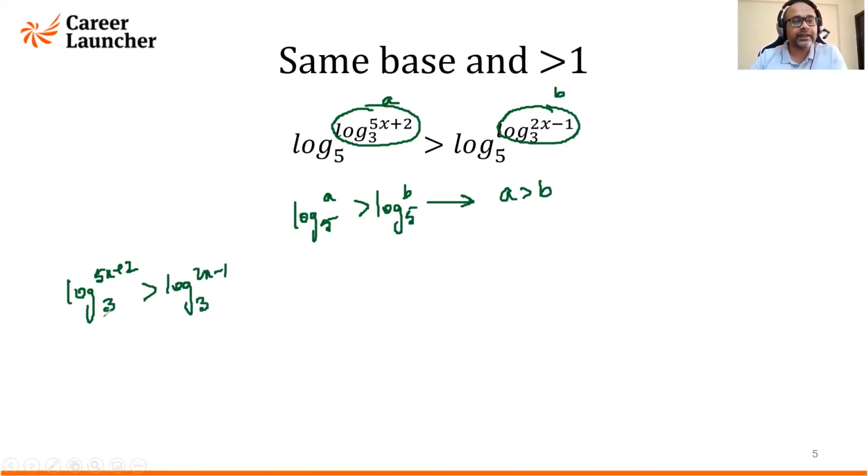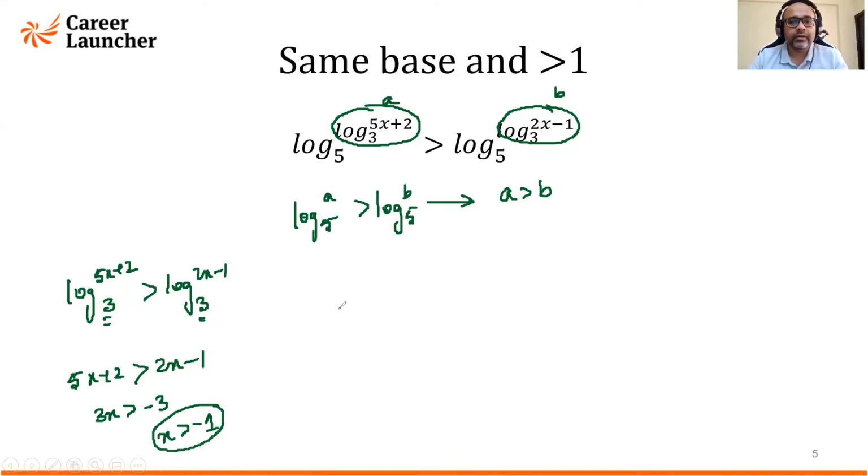Now in this comparison, you can notice that 3 again is the base which is greater than 1, which means straight away you can write 5x plus 2 is greater than 2x minus 1, or this gives you 3x greater than minus 3 or x greater than minus 1. This is the answer that you get.